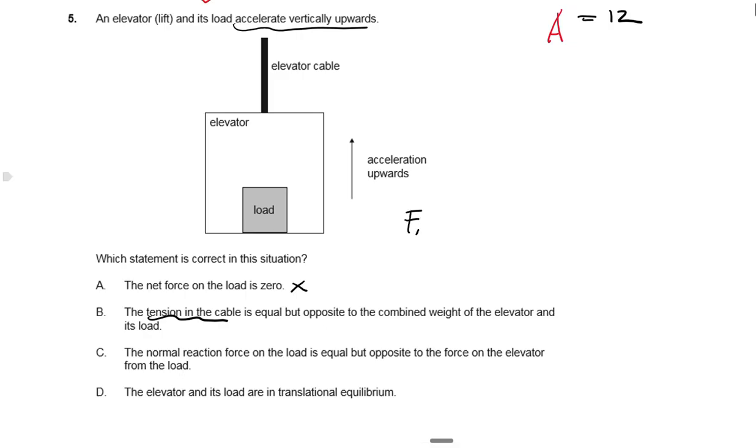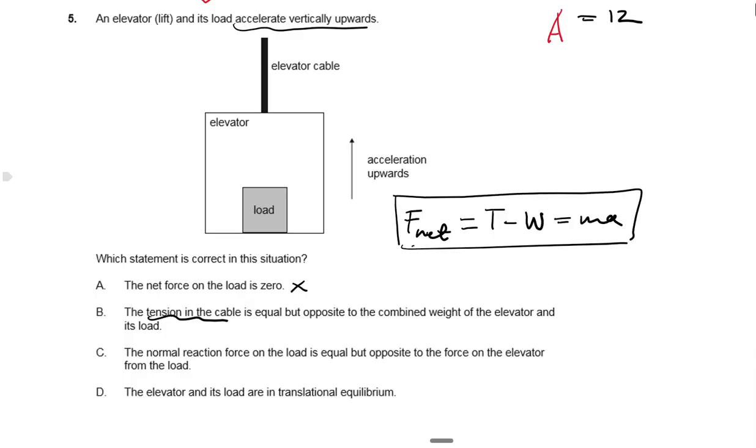That's basically saying our F net is equal to tension minus our weight is equal to 0, which means there is no acceleration. In fact, it should be equal to ma, but they're saying it's equal to 0. So this is the true system, so that's why this is wrong.